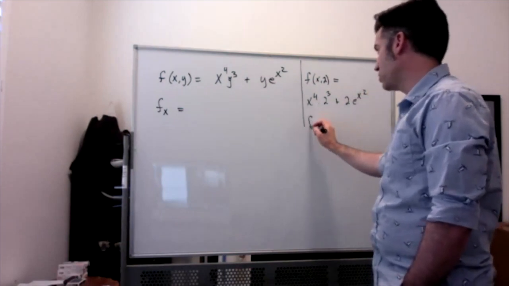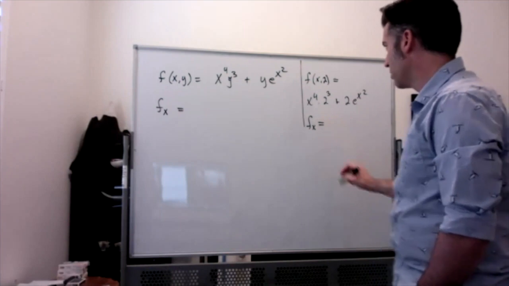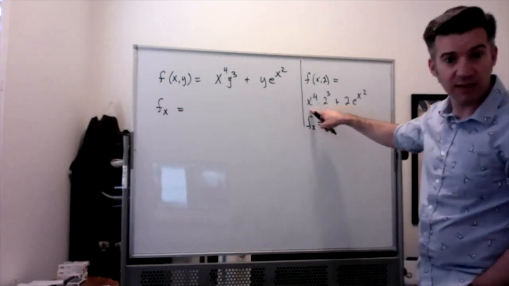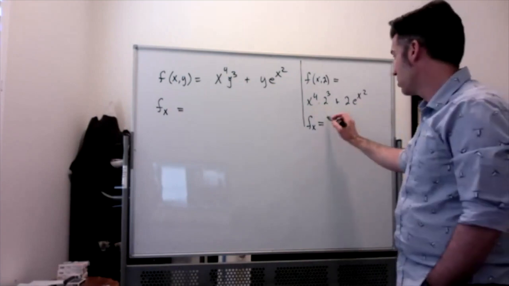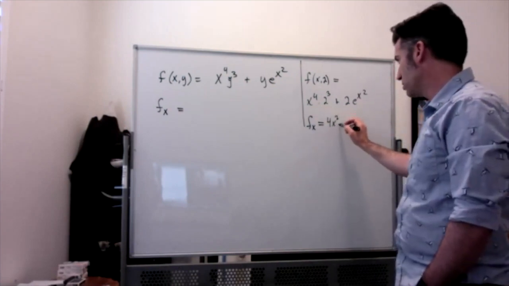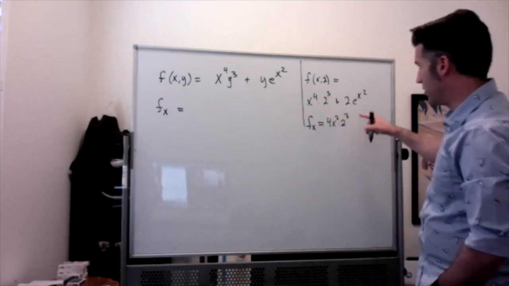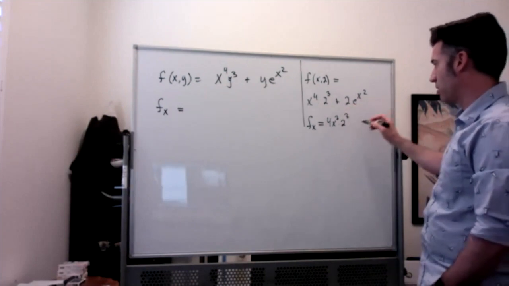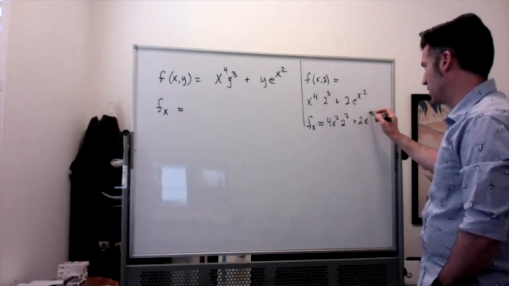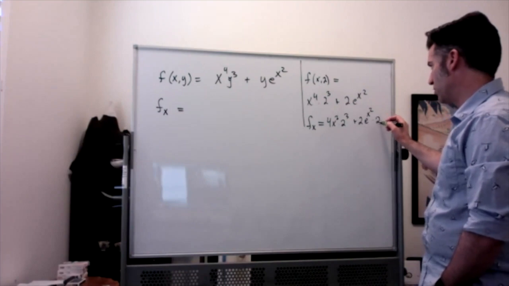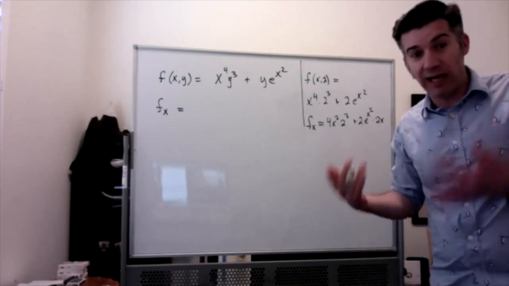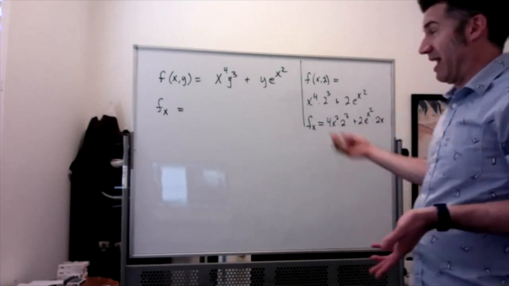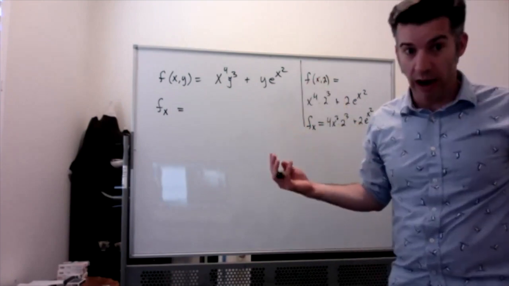And if I were to differentiate that, the derivative of 8 times x to the fourth is 8 times 4x cubed, or 4x cubed times 2 cubed. And the derivative of 2 times e to the x squared is 2 times e to the stuff times the derivative of the stuff. So I'm pretending that y is 2 for a minute, but then I'm remembering that y has to be y, not 2.